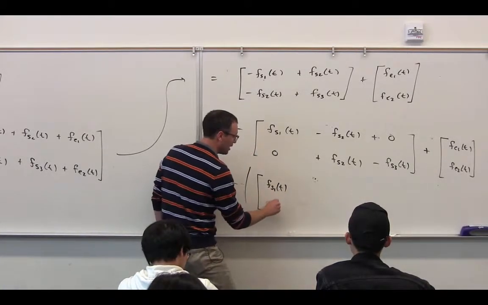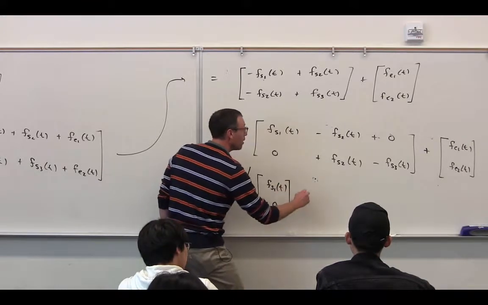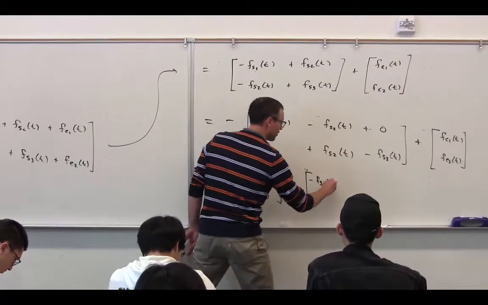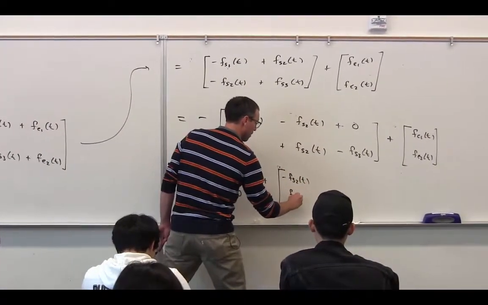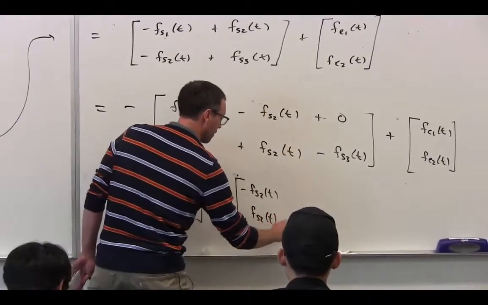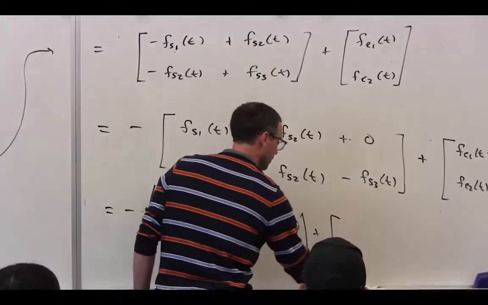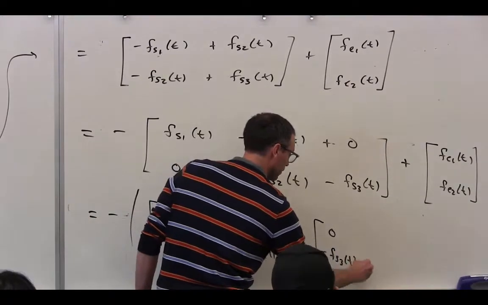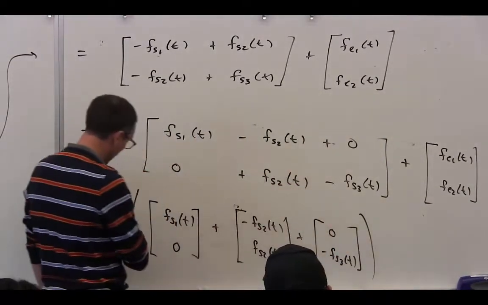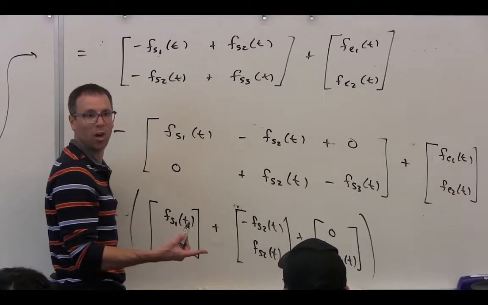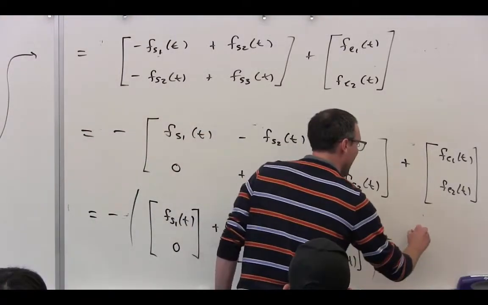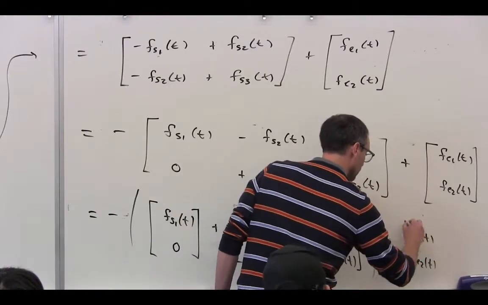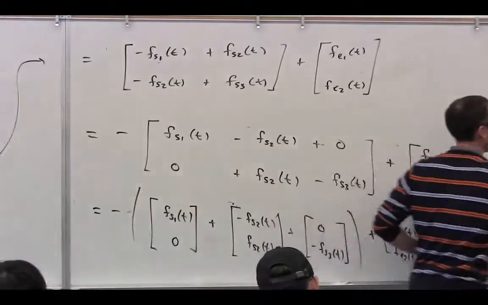So fs1 of t and then 0 plus what? fs2 of t plus 0. And then, of course, we wanted to track that the negative was distributed all through that, so I need parentheses. And then I have my external force vector here, right? Now what?